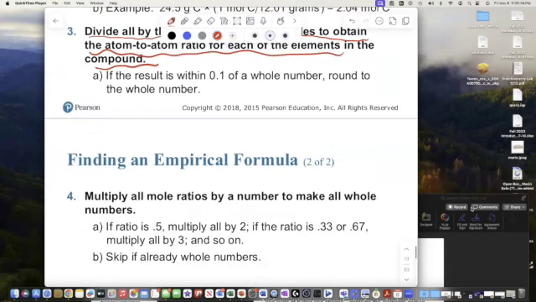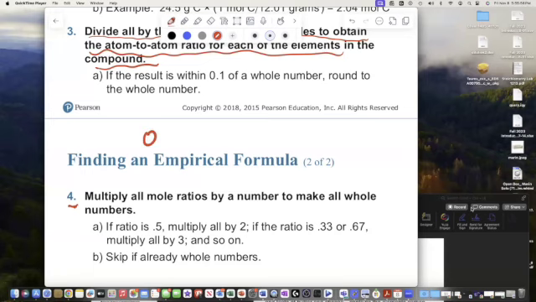And after that, if you end up with one of those special decimal places, you will multiply the whole mole ratio by a certain multiplier to get a whole atom. So for number 4 here, we're told that Dalton said in his theory, atoms do not combine in parts, right? When an atom is combining, a whole atom combines.